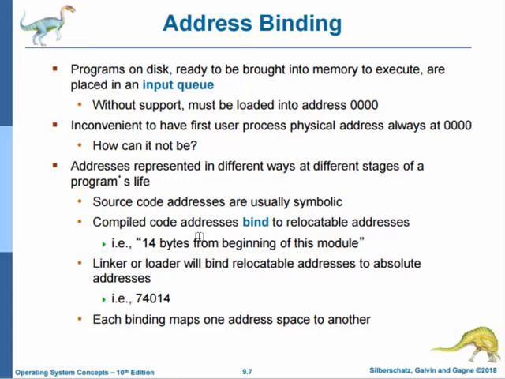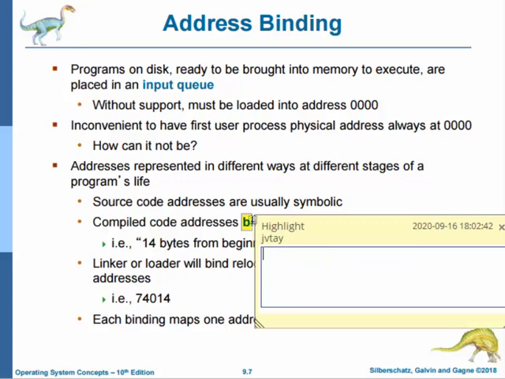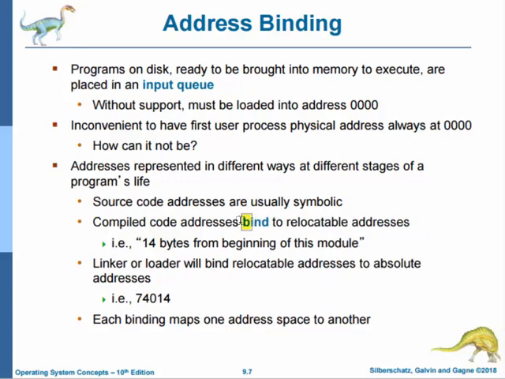A compiler typically binds these symbolic addresses to relocatable addresses, such as, for example, 14 bytes from the beginning of this module.